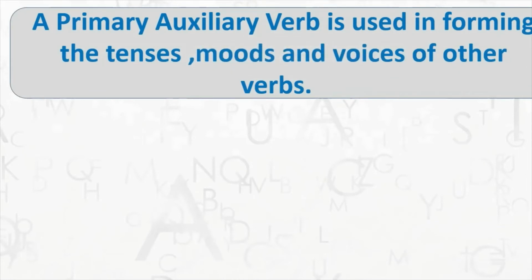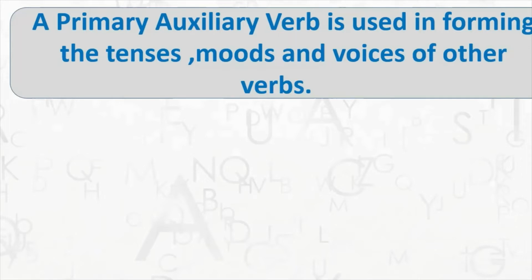Okay, so let's see some more things about auxiliary verbs. Let's learn a little bit more about auxiliary verbs. So a primary auxiliary verb is used in forming the tenses, moods and voices of other verbs. So remember, these are all helpers. So they always occur with some other verb, which could be the main verb.